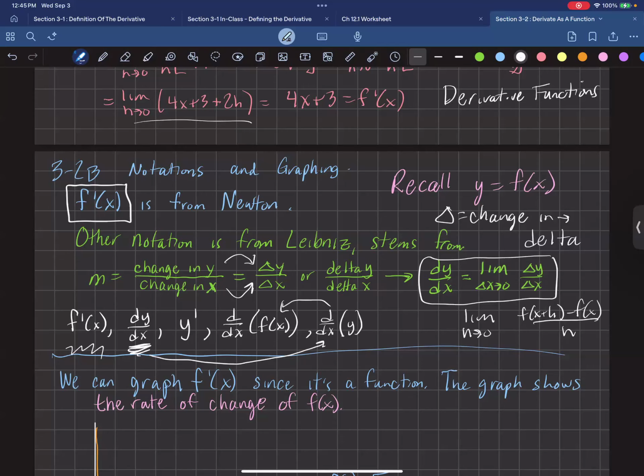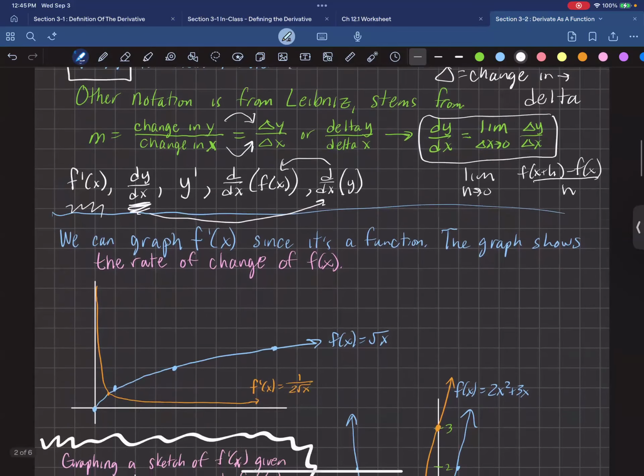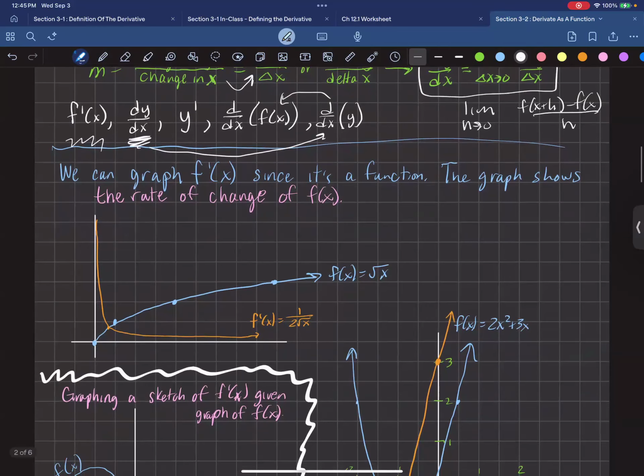So since f prime of x represents what's happening in the change in f of x, it actually shows up in the graphing of it too. So f of x equals square root of x. Notice it starts steeper and tapers off.